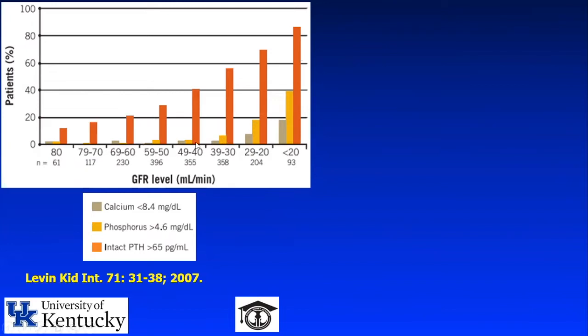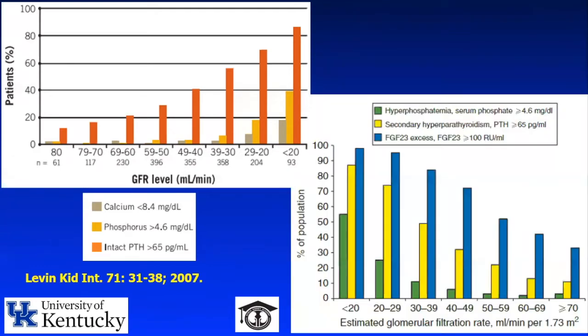And the phosphorus level goes up later, usually with GFR of about 40, 45, and continues to rise with loss of kidney function in the process of CKD. And calcium, we'll talk about it, because the hypocalcemia that we sometimes see in our patients doesn't really reflect calcium balance, because even if our patients are hypocalcemic, they are in a positive calcium balance. So we can't just say that they have abnormal calcium homeostasis.